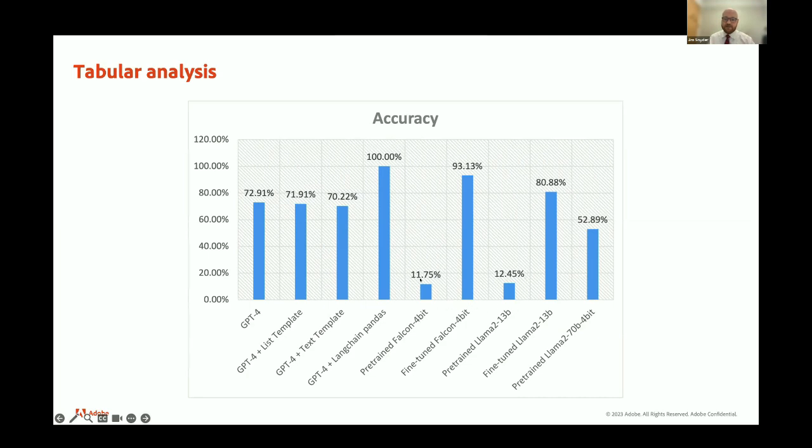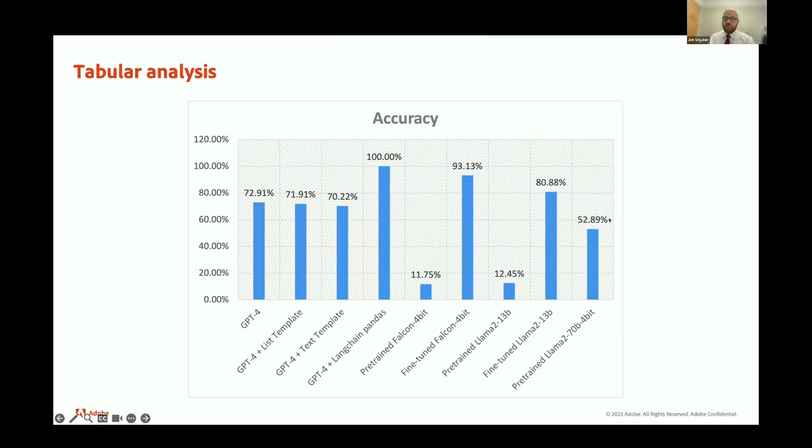The other thing is that pre-trained models out of the box were pretty horrific in terms of solving this problem, with around 10% accuracy, but with fine-tuning, you get them up to 93% for the Falcon 40B. The 13 billion Llama model is smaller of the two, so it's a little bit lower. But one thing you'll notice is the pre-trained Llama 2 70 billion model prior to fine-tuning has a 52% accuracy.